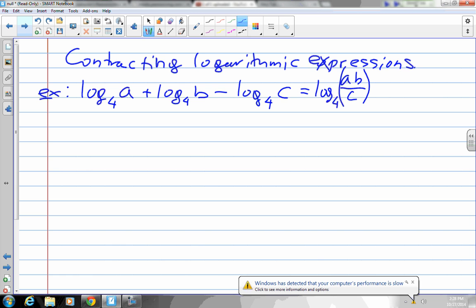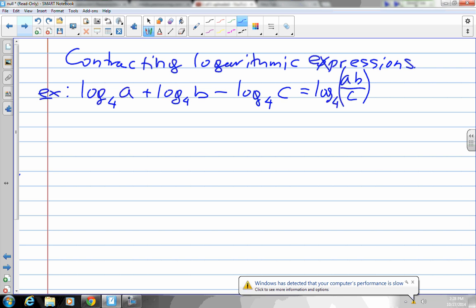Well, yeah, but because if this was a plus, then yes. So if you added another minus log base 4 of D, would you do AB over C over D?